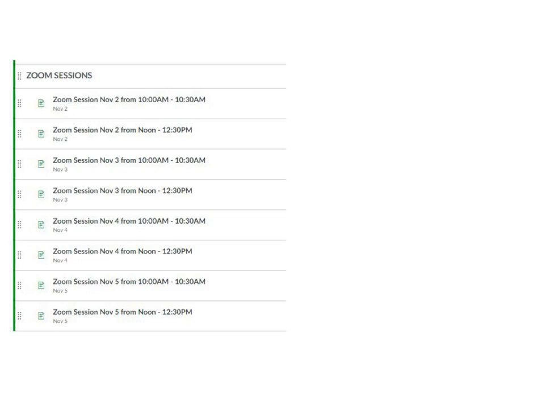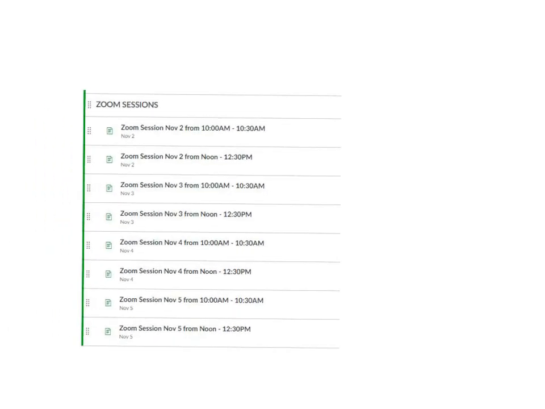Knowing that our test is going to be on Friday, November 6th, you will have a new module that day because it will have the test in there. We are having multiple Zoom sessions. Remember that these Zoom sessions are optional.